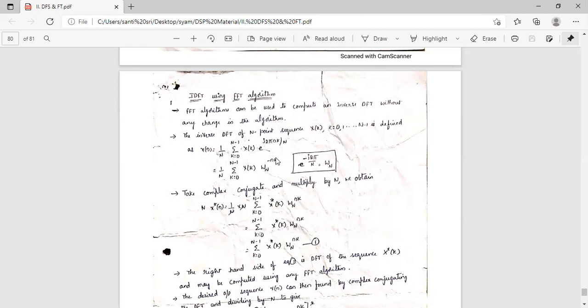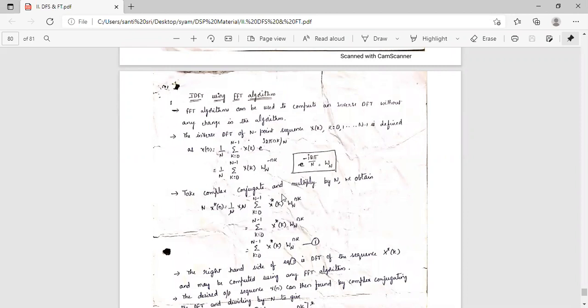This is the twiddle factor. So take the complex conjugate and multiply by n. Multiplying by n and taking the complex conjugate, we obtain n into x star of n equal 1 by n into sigma k equal 0 to n minus 1 X star of k into W n power n k, right?